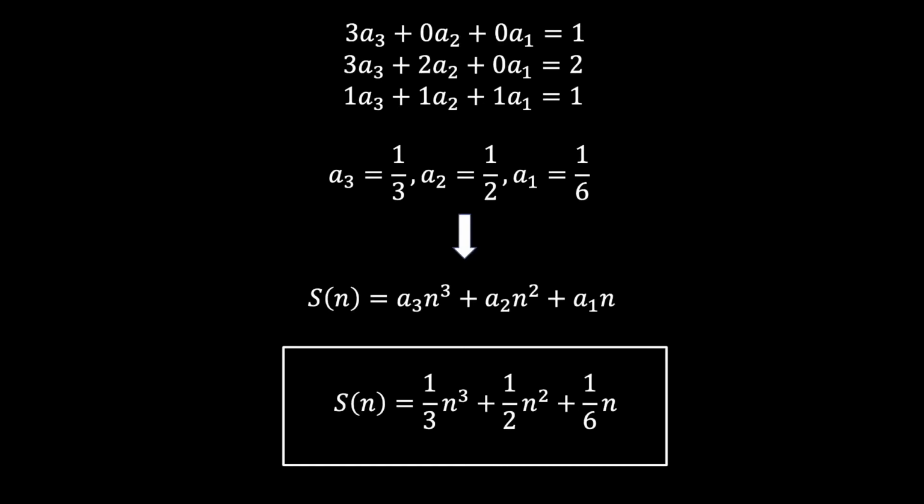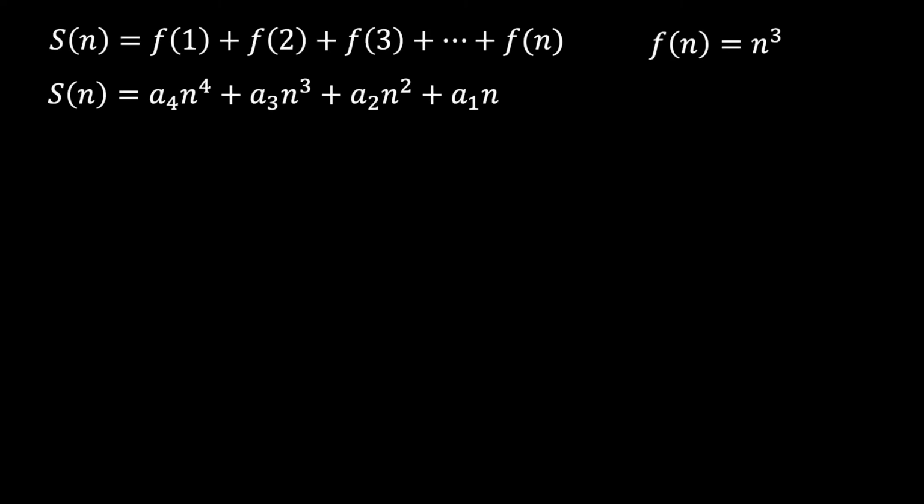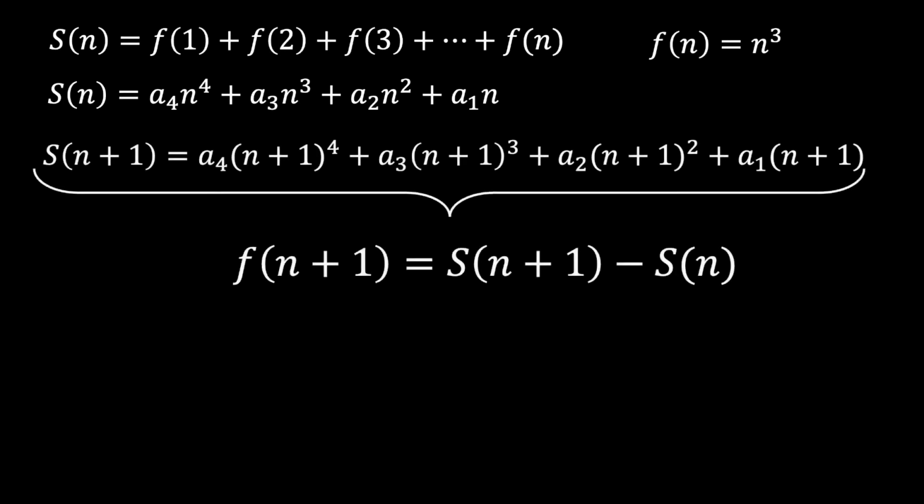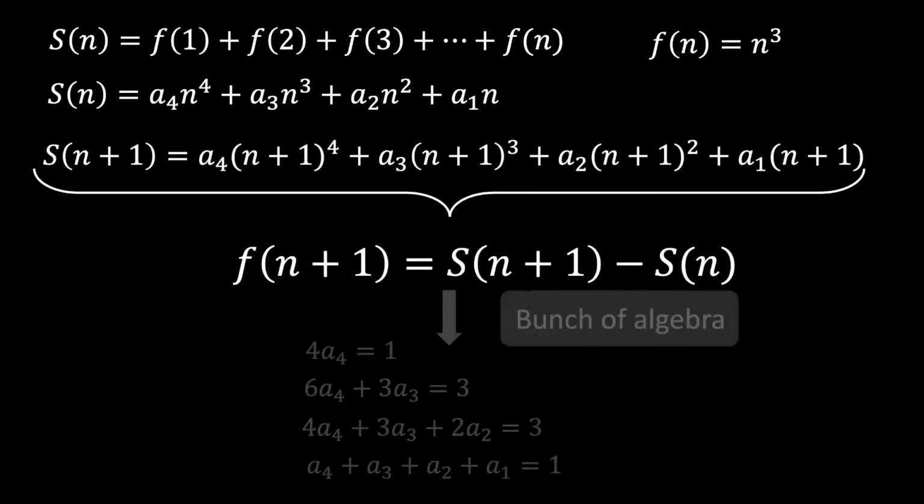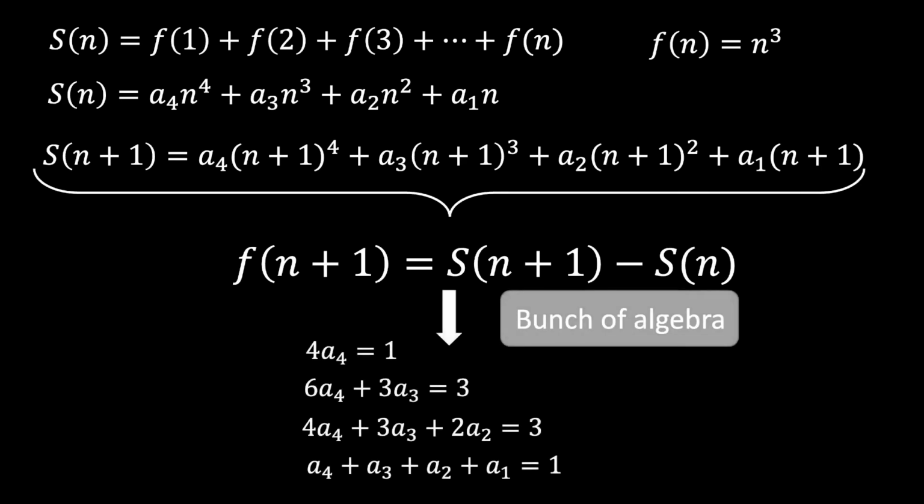Now, if we want to know the formula for sum of cubes, we can assume that the formula takes the form of a degree 4 polynomial. Substitute into the telescopic equation, and after a bunch of work, you arrive at some sort of system of equations, which is rather easy to solve.